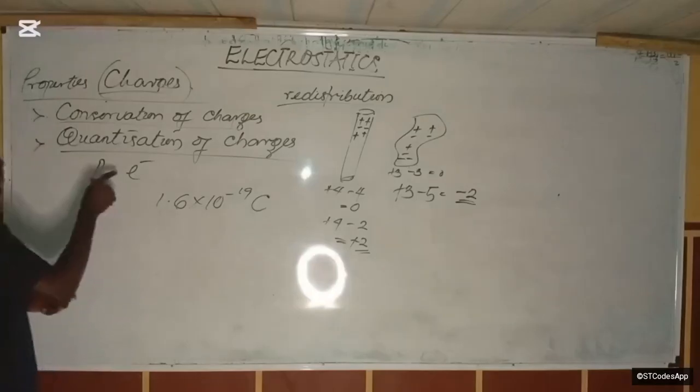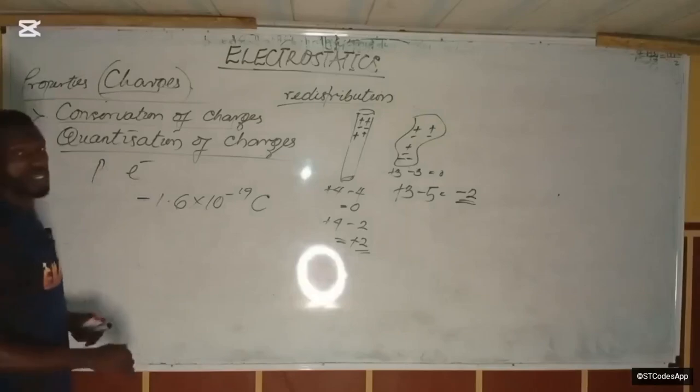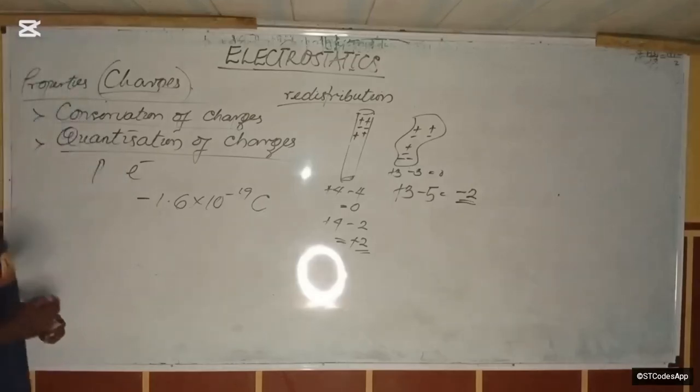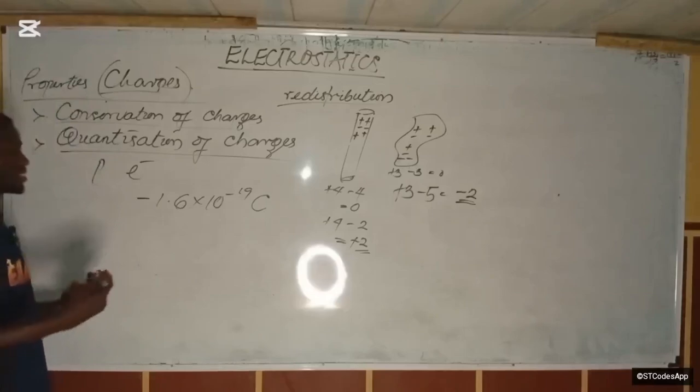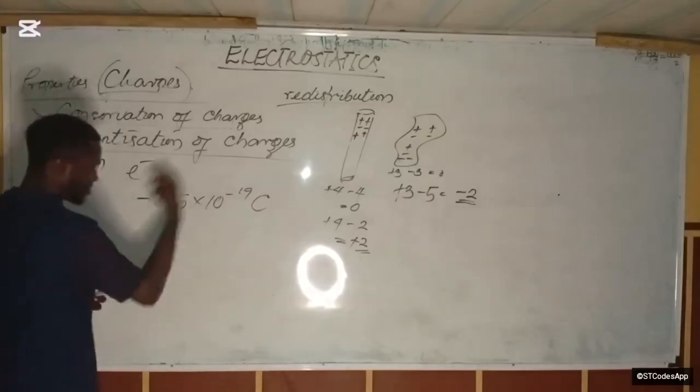For the electron, it is going to be negative of this, and for the proton, positive of this. Any matter or any material is going to gain an integer multiple of this value.